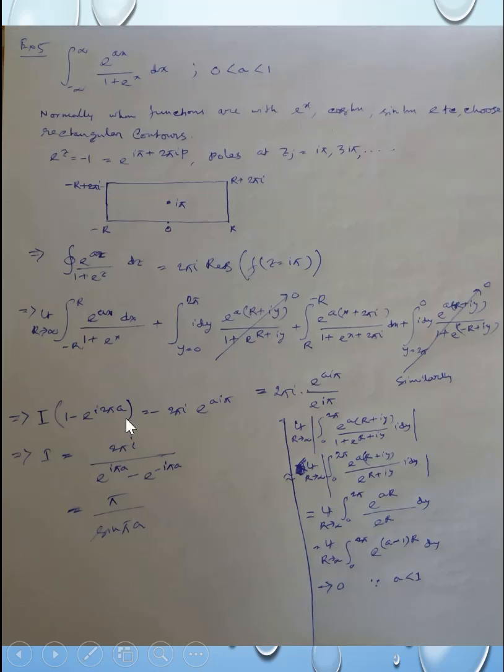Simplify this, and already you have found the residue here. Exponential i pi is minus 1, so you get minus 2 pi i exponential a pi. Then simplify, put it here and multiply by this, and you get this answer. So this is done.